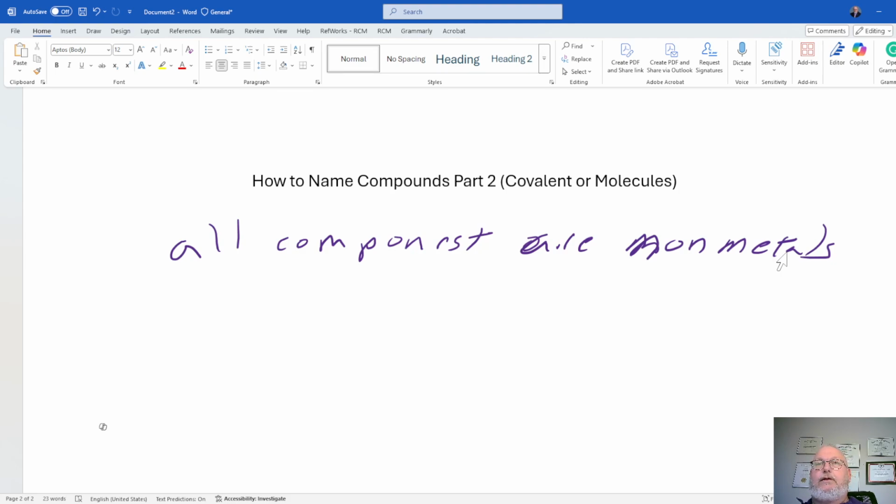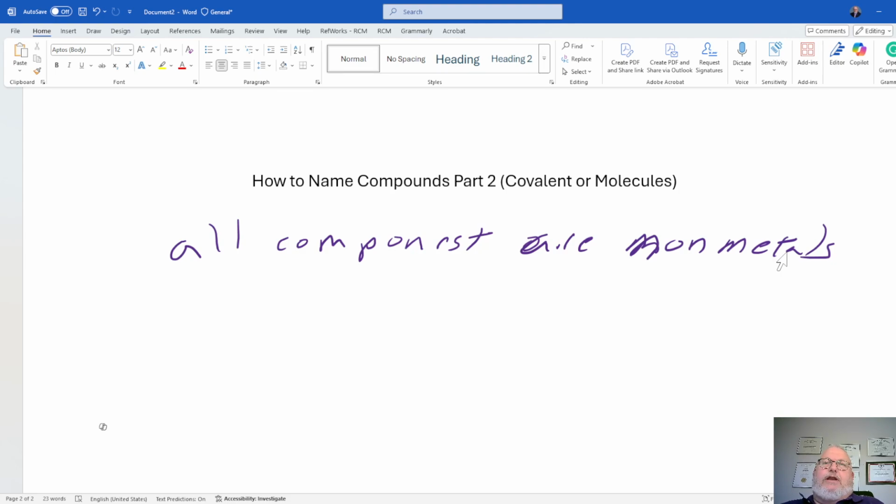Okay. Now, if there's only one of the first one, the most electronegative element, and that's what usually is first, you don't have to use mono.